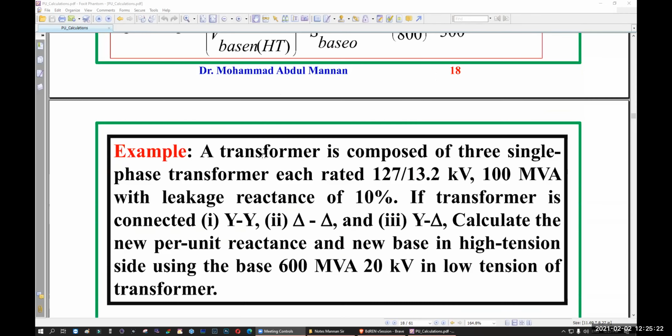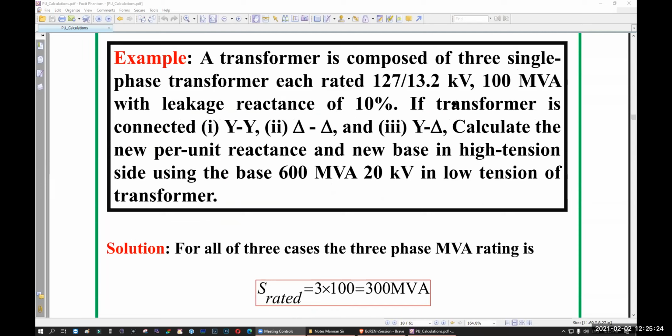By the way, a transformer is composed, that means made of, 3 single phase transformers, each rated 127 by 13.2 kV, 100 MVA each.